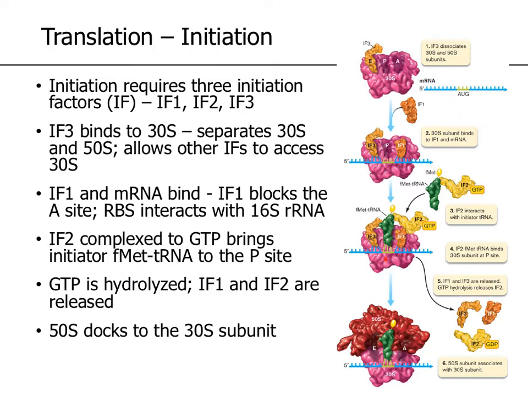When that comes in, the GTP is hydrolyzed, and then IF1 and IF2 are released. When these guys get out of the way, that makes space for the 50S to come in and dock, and now you have the full complex that's ready to go.